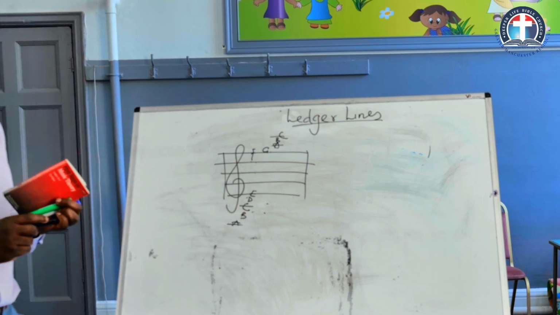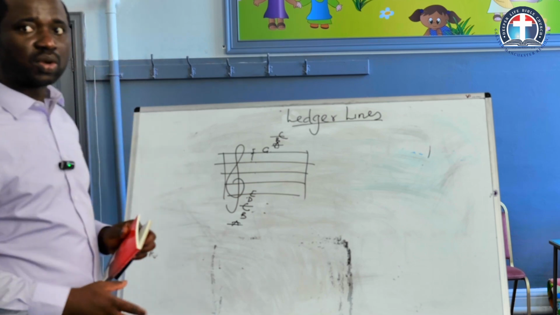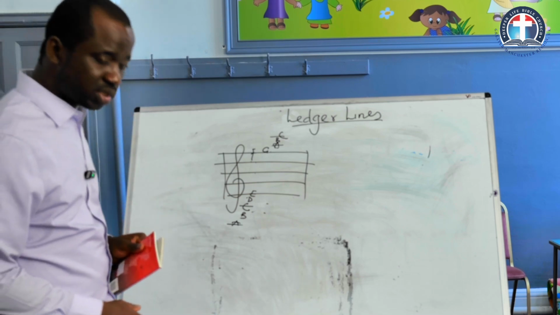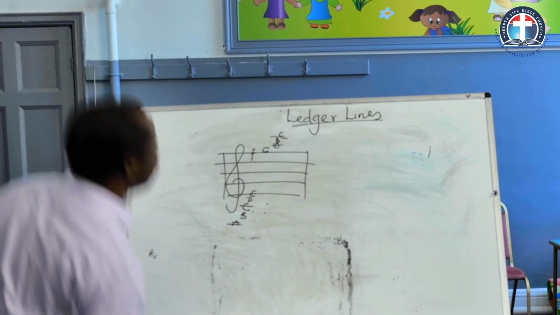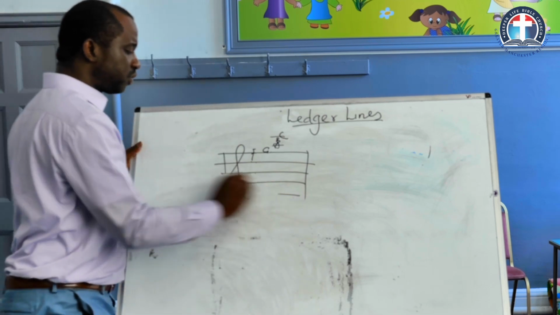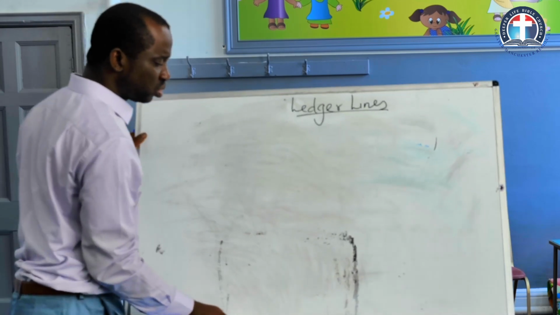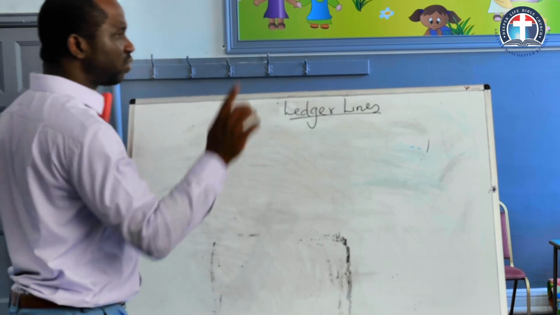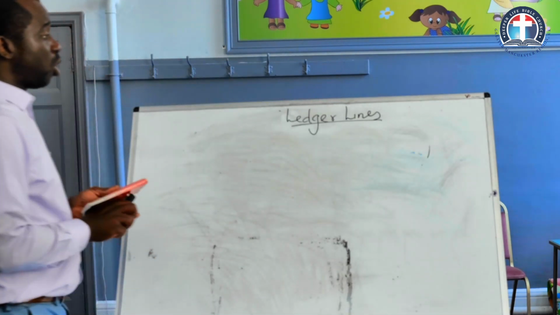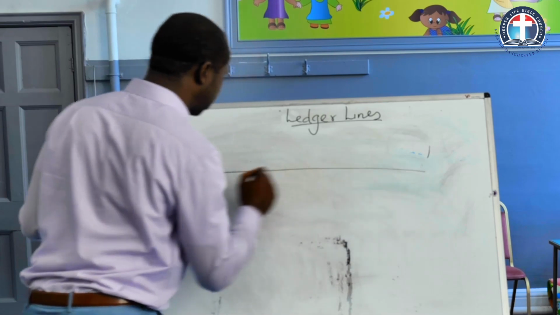Now, one other thing that I want you to know is sometimes you have ledger lines that are too high. So let's say you have this, let me draw this complete now.